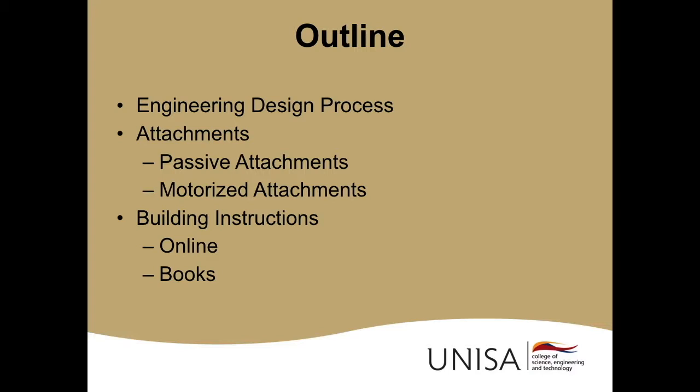Finally, in this session we will provide you with a list of online building instructions for attachments, as well as recommendations of 2 good books that describe many attachments and contraptions in case you want to build according to instructions.